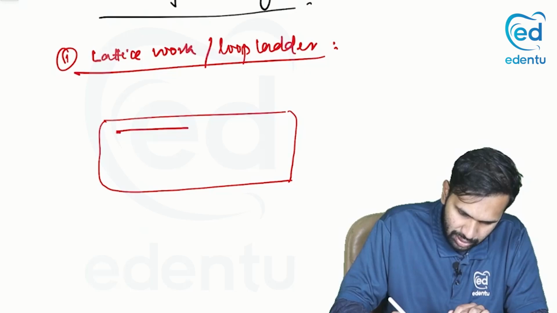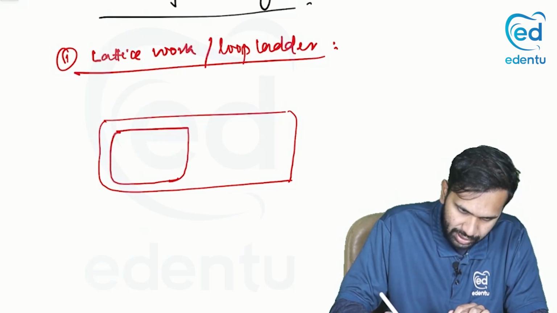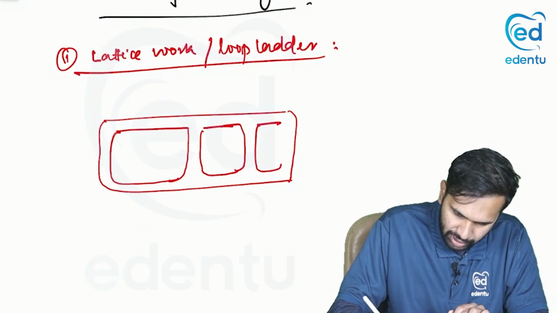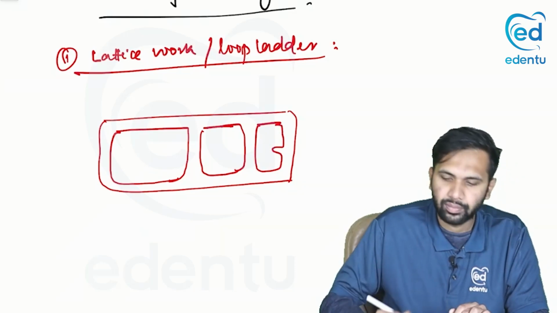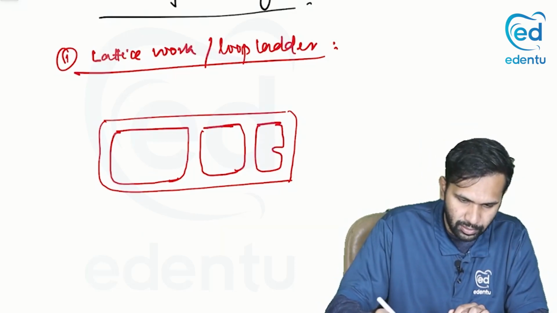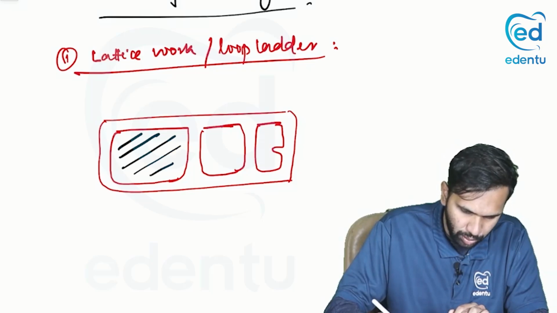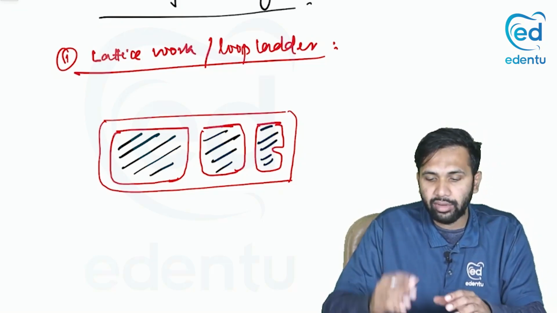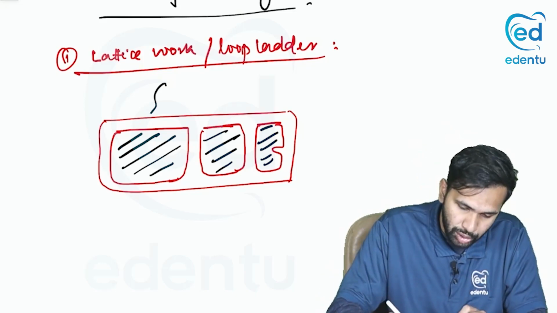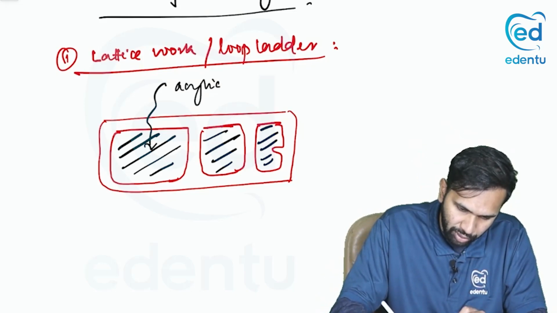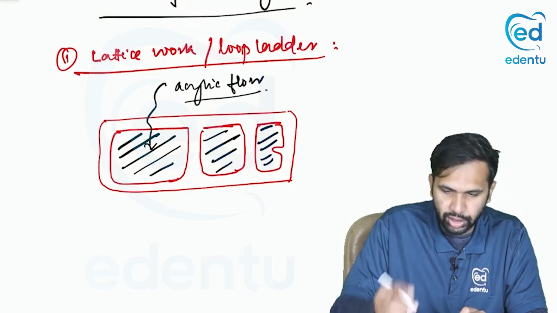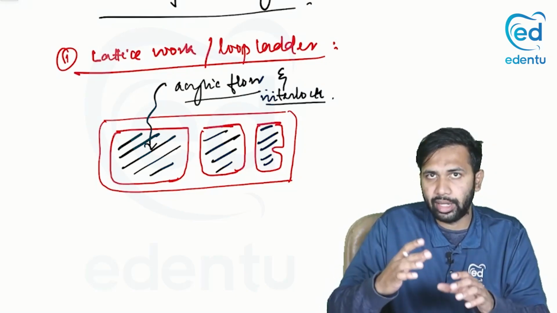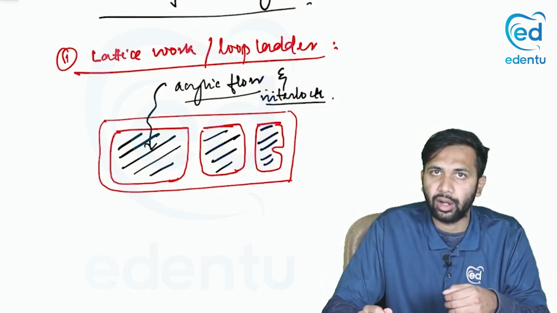You have a metal which is having large holes like this. These are your holes, whatever I have given here. So in this lattice work or loop ladder type, you have large holes in the metal through which the acrylic can flow and interlock itself.